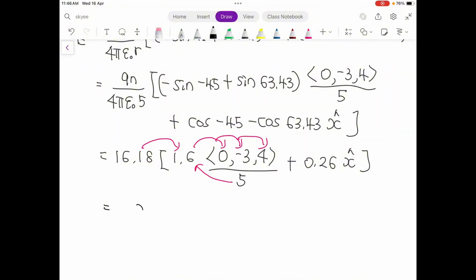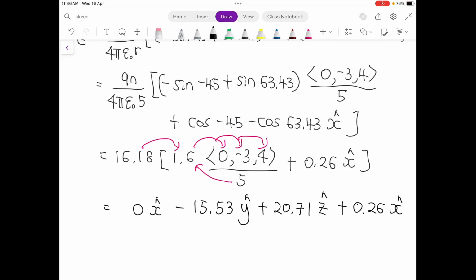I have 0x plus minus 15.53y, and then plus 20.71z, and plus 0.26x.